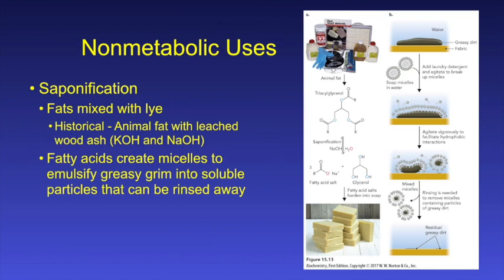All right? And so that's how we can use fats in a non-metabolic use. Most of us don't eat soap unless your mom gets really mad at what you said.